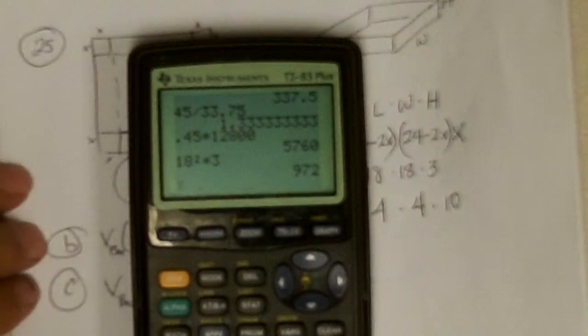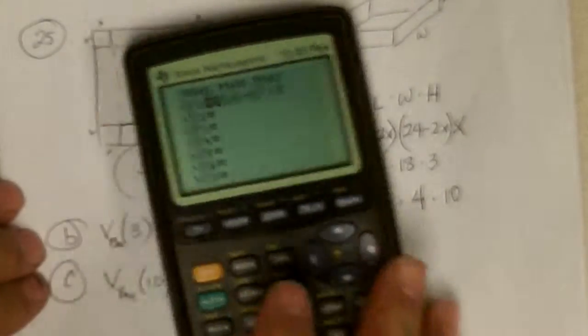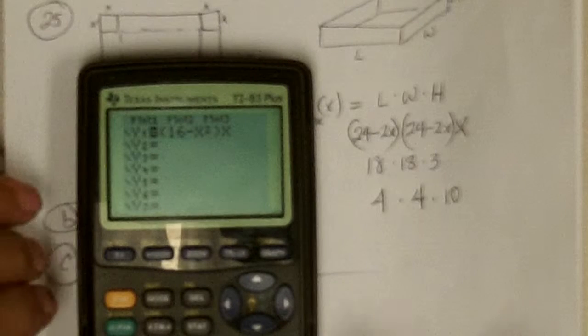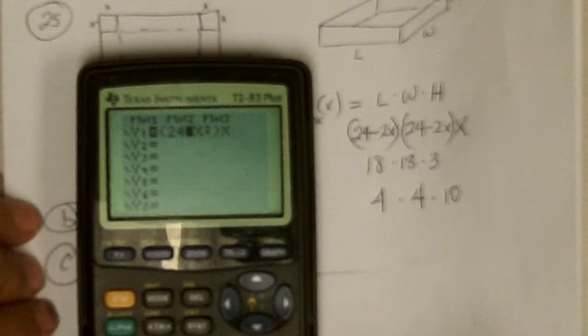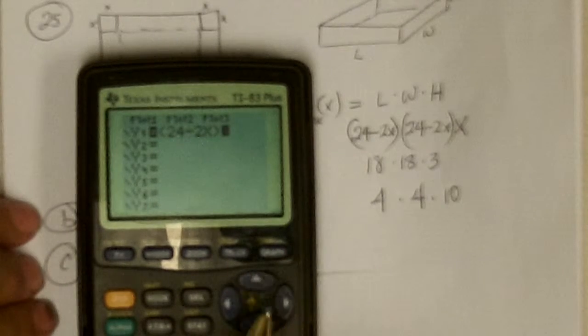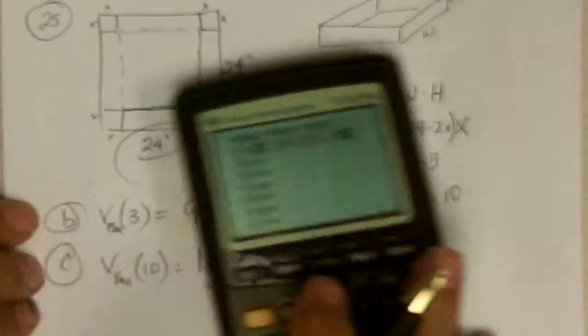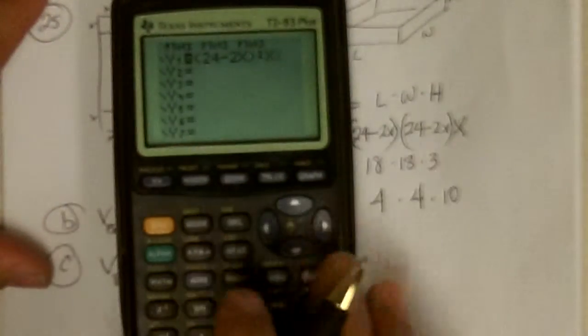Now we could actually find out what makes the maximum. What's the side square to take out to make the maximum? I can go to y equals and enter 24 minus 2x, close parentheses, squared, that thing twice, times x. Let's see, x can be something between 0 and 12.